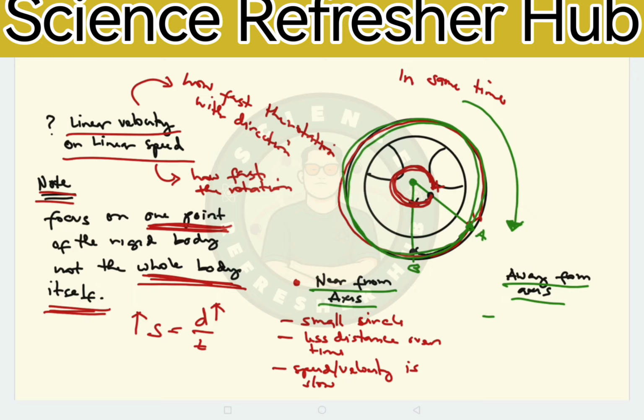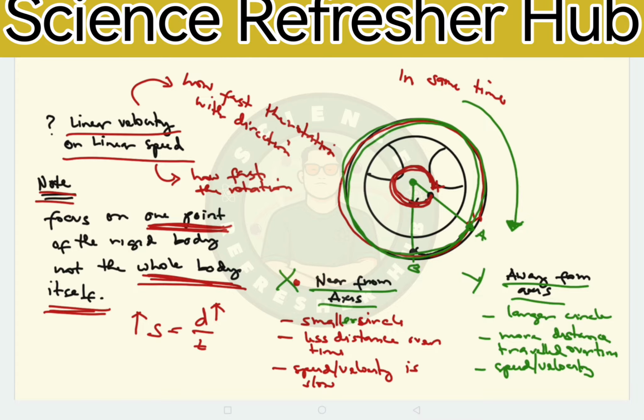Therefore, it travels in a larger circle compared to point X. This is point X. This is point Y. Meaning more distance is traveled over time. In that case, the speed or velocity is fast.